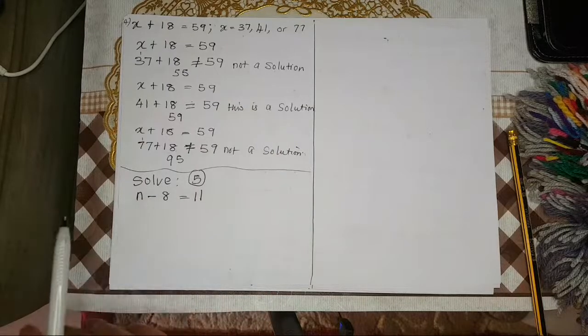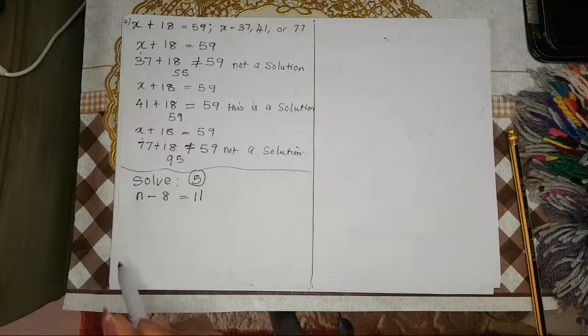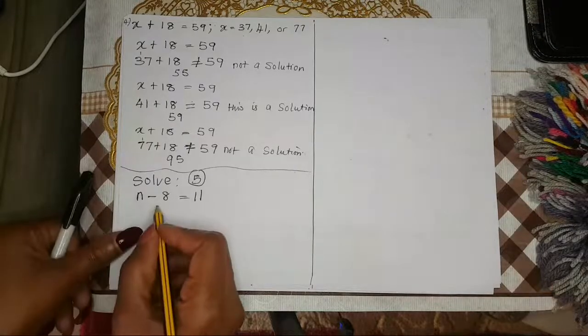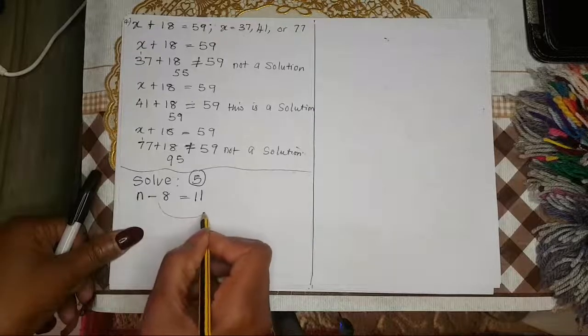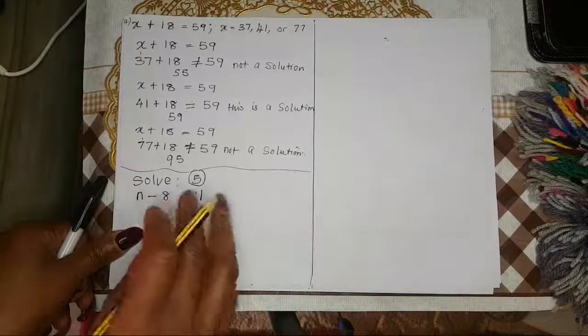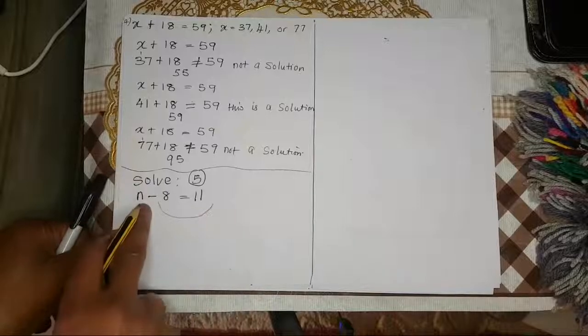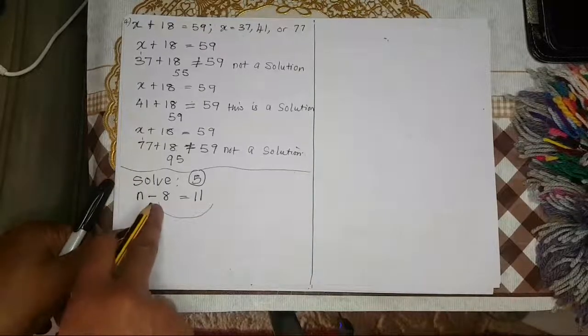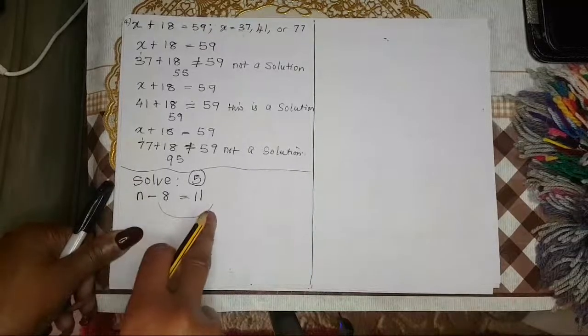So we are looking for n. This is what we are looking for, which means we're going to move 8 from here over to this side. Remember, 11 is here already. This is 11's home. Negative 8 is coming from her home to go and meet 11.